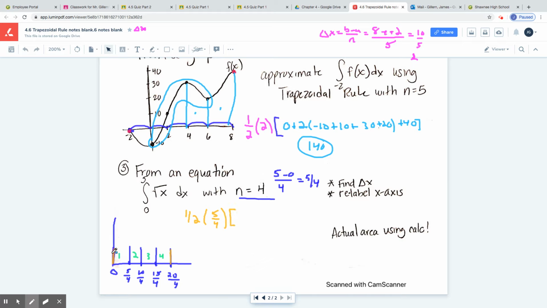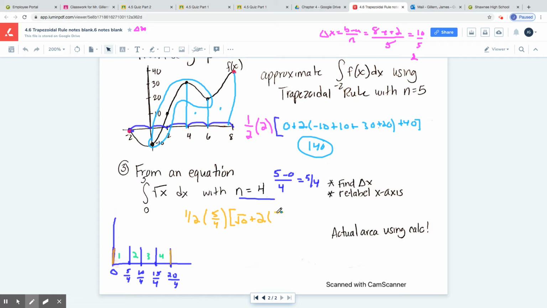All right. When we get from an equation, how do I get these heights? In a graph, it was easy. I just look at the y values. Well, to get the y value, you got to plug this into here. So it's the square root of 0, which is just 0, plus 2 times, now we're going to plug in 5/4.